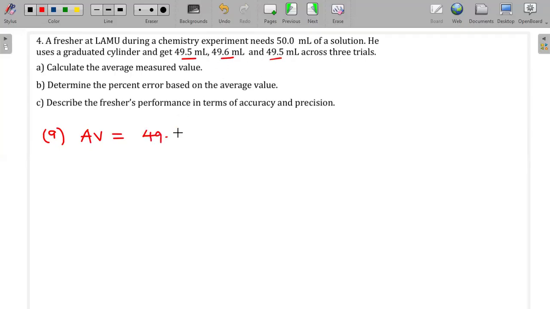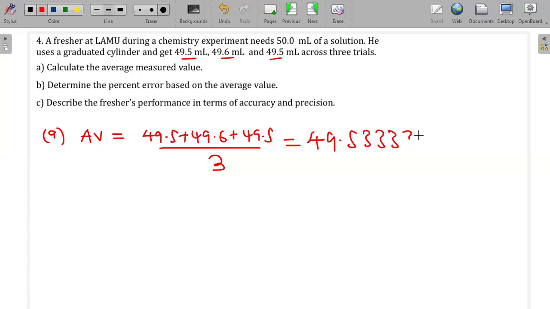So that is 49.5 plus 49.6 plus 49.5, divided by 3. So I'm getting 49.5333333 recurring.